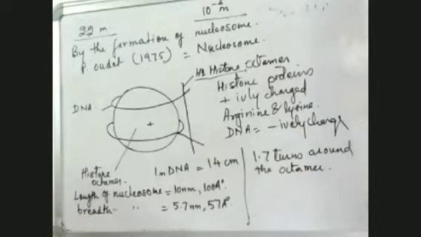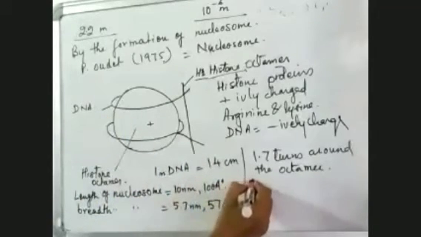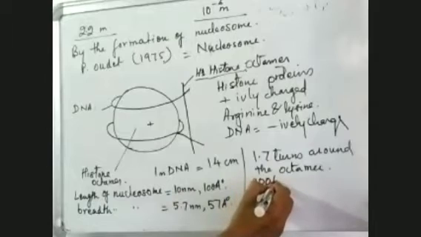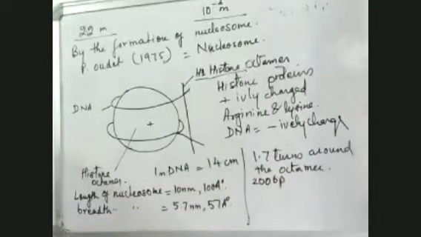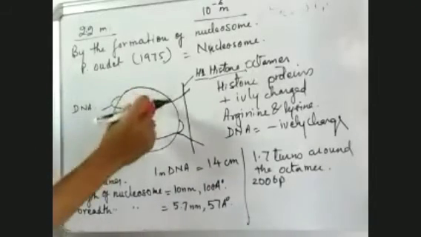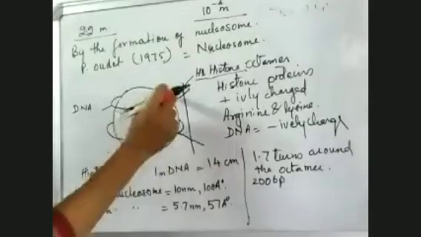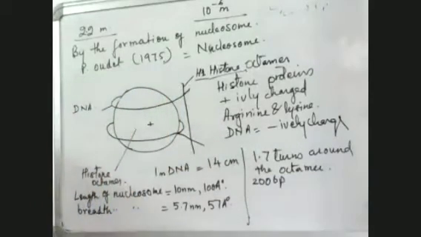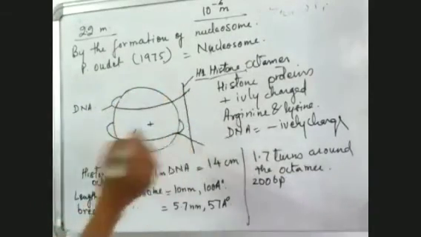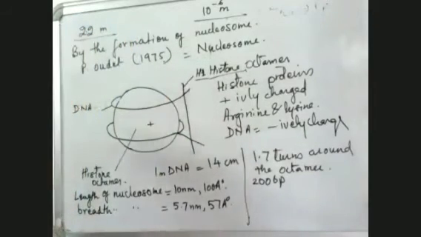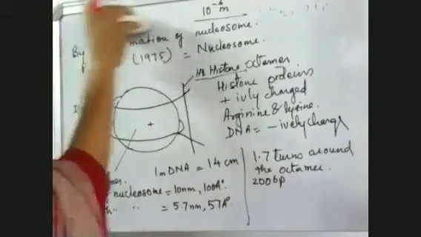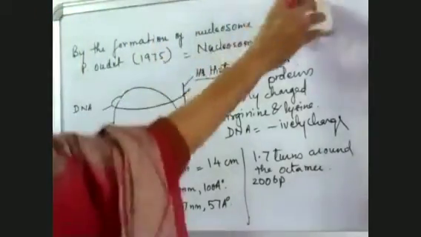Now in total, a nucleosome has 200 base pairs. Out of these 200 base pairs, 146 are found around the octamer, and just 54 are in the linkers. Why are these known as linkers? Because they link one nucleosome with another.